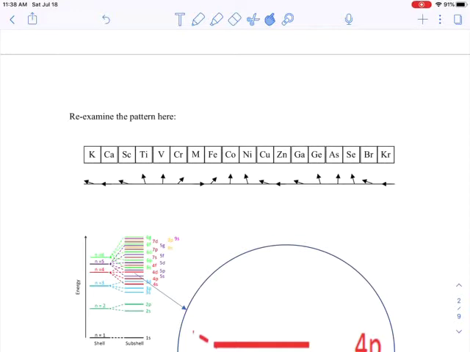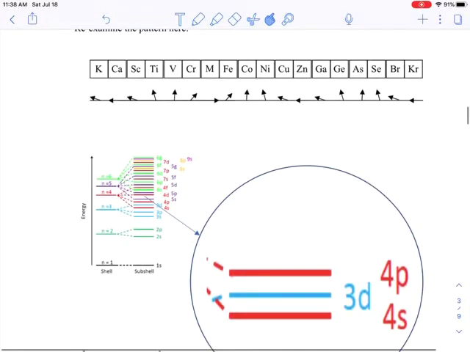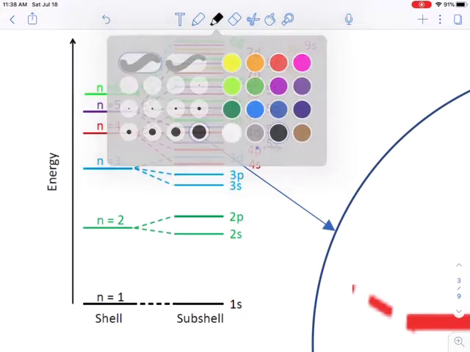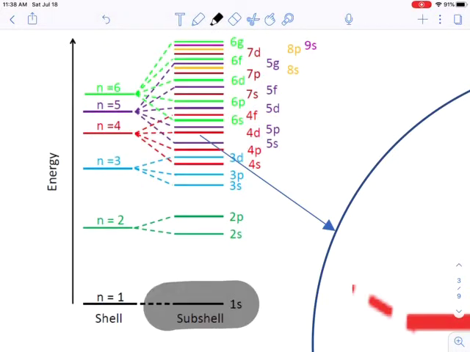All right, so now let's once again take a look at this pattern here. Now, there's a lot going on here, so let's just focus in, if we could, on the row that we are looking at here, and let's start simple. So remember that when these shells break into subshells, there's all of these different overlaps that occur.